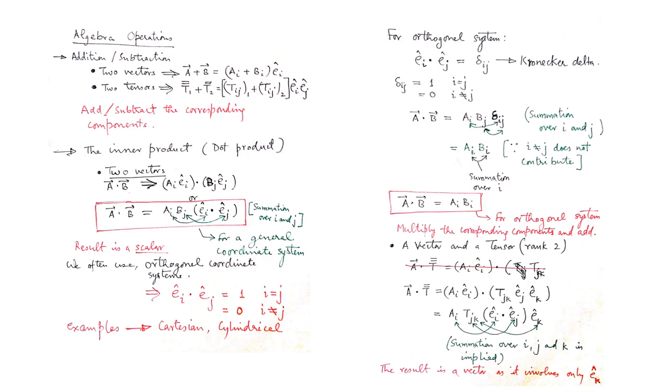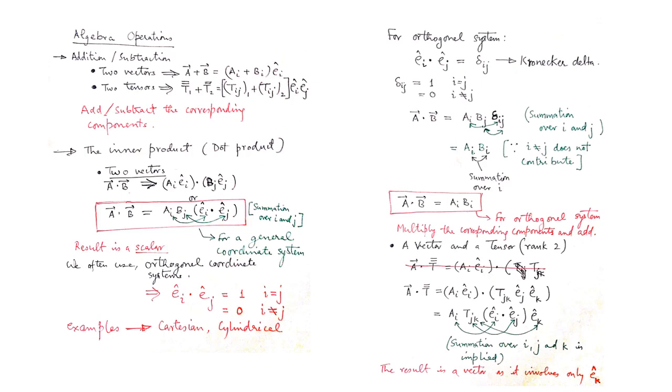The first thing I am discussing with inner product is, suppose we want a dot product of two vectors. We will write it as A dot B. Since we already know the indicial notation, we will write the vectors as Ai Ei cap dot Bj Ej cap. Notice that once I use one index for representing one of the vectors, which is I for A, I am using a different index J for the other vector.